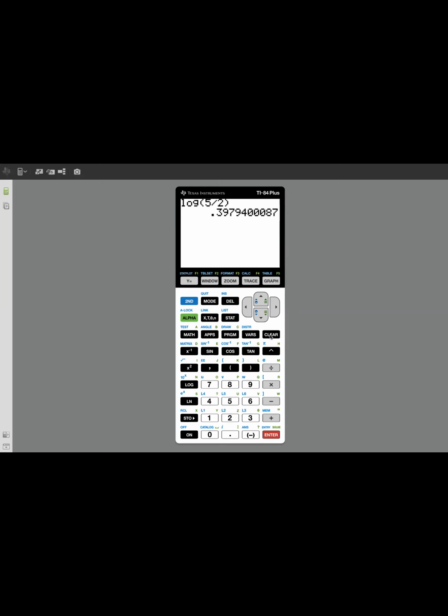Then I'm going to clear that. The number that I had in the denominator was the 12 times, see, I'm hitting times right there, and then log 1.00375. Close the parentheses around that since it opened parentheses, and then press enter for it to calculate that. And so there's our denominator value.